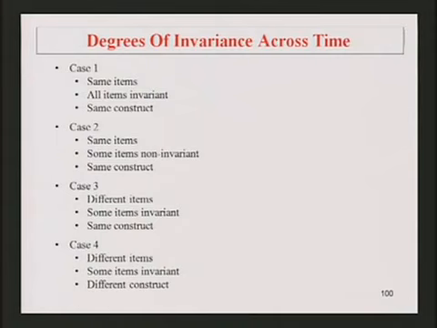And then the most complex case is case 4, where you have different, at least partially different items, and some items invariant, but there's too little invariance to the point that you really can't be sure. You probably do have different constructs over time.